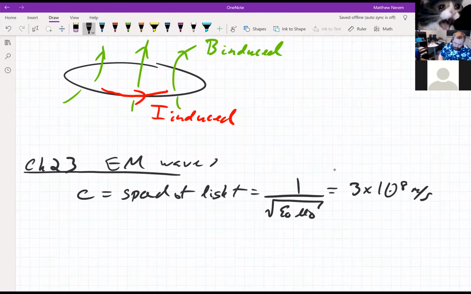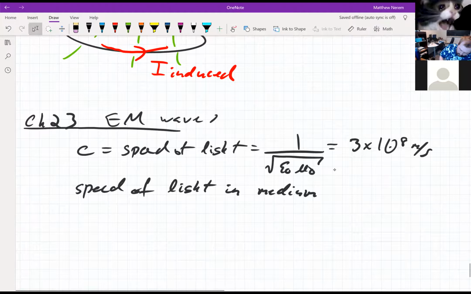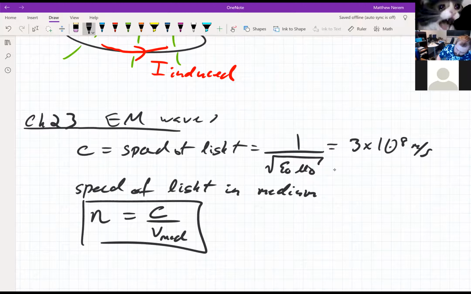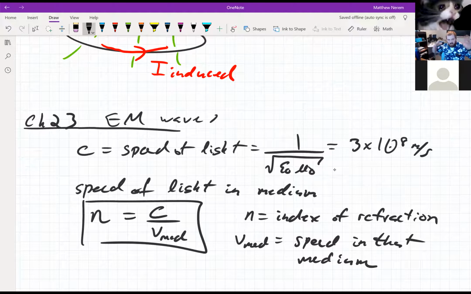So, right, you say, look, there's this index of refraction, n equals c over V medium, where V means the speed of the light inside that medium.